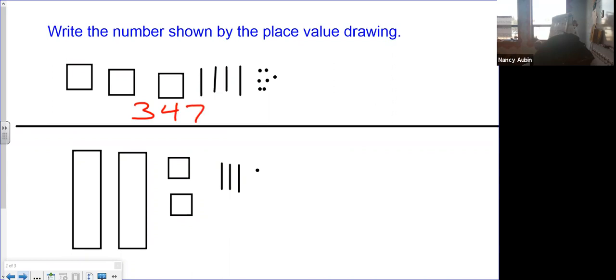So what's the number? 347. And she didn't say and. Well done. Miss Ellie, what about the next one? 2,000. 200. Uh-huh. And 1. Can you read that number for us? 2,231. No ands. Good for you.